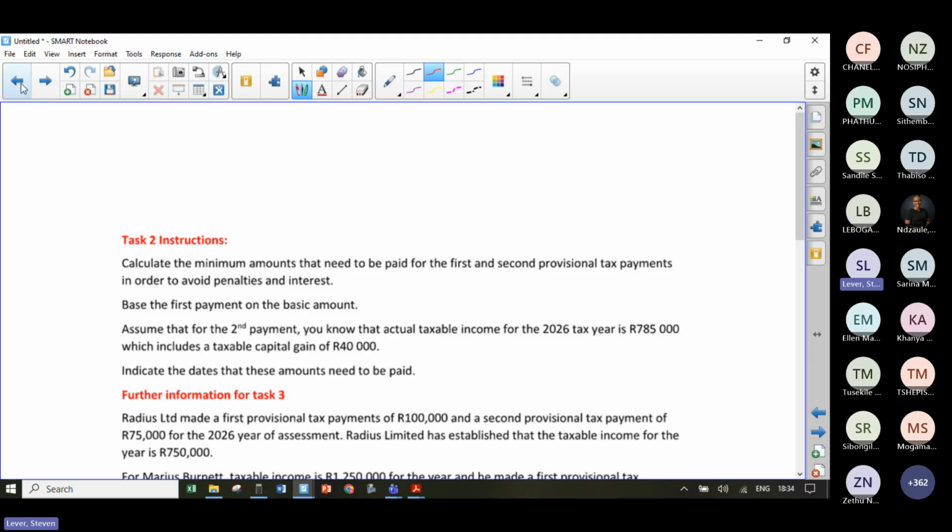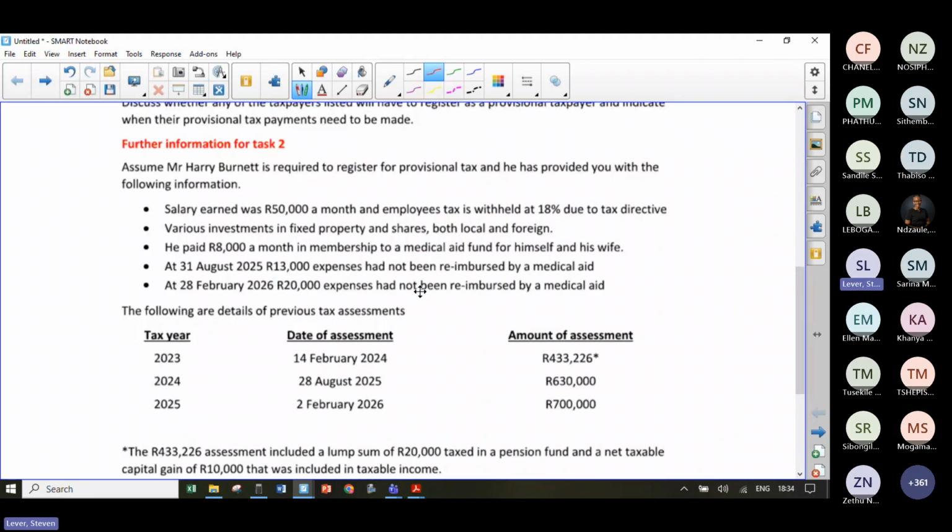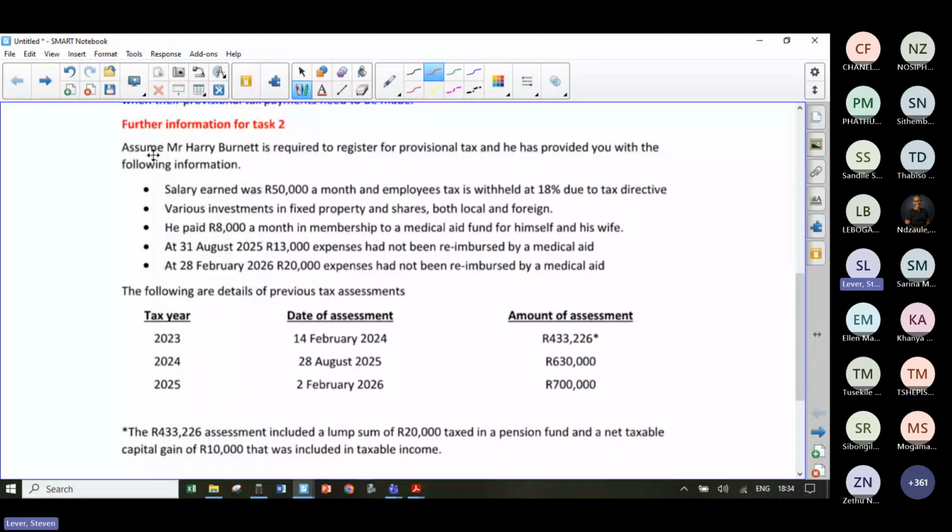Okay, so let's just unpack what a basic amount means. Guys, it says here, assume Harry Burnett is required to register for provisional tax and has provided you with the following information. Salary, 50 a month, and employee's tax is 18%. Various investments in fixed property and shares, both local and foreign. Paid 8,000 Rand a month in membership to medical aid for himself and his wife.